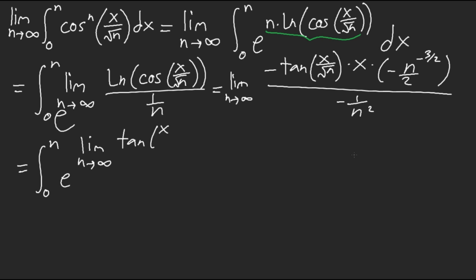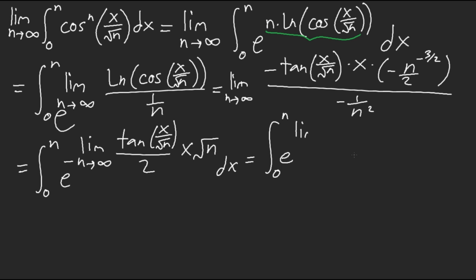Tangent of x over root n, and then over 2 with this 2 here, and then we have n squared. 2 minus 3 halves, that's a half. So we have square root of n, and this is also a negative. Okay, let's keep going.